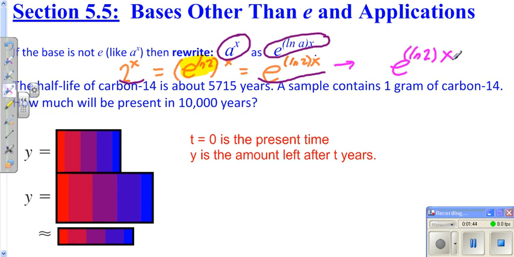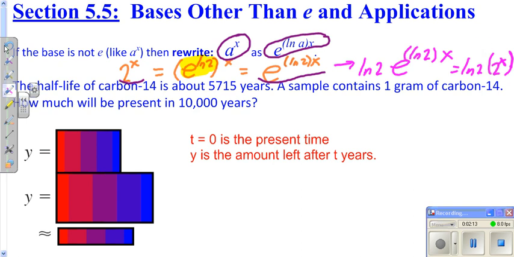The derivative of your exponent, which is x times something, is just that something, so it's really times the natural log of 2. Remember, your e to the natural log of 2 is just 2, still raised to the x, so it's 2 to the x here. That's what it is for your derivative of, say, 2 to the x.